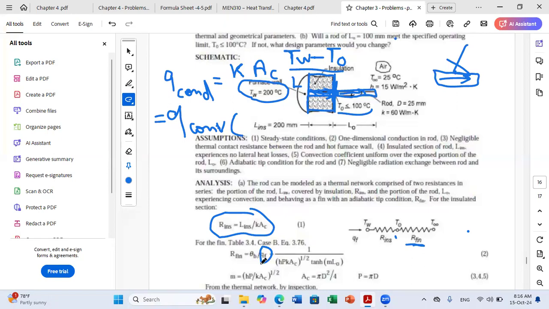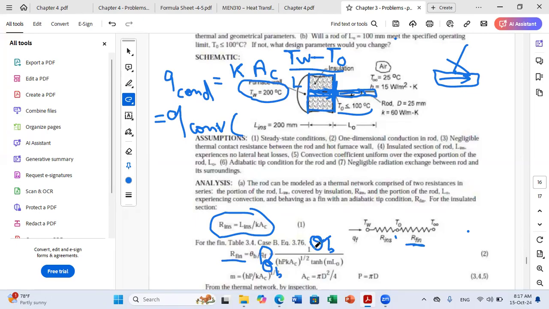If you go to your table, you can see that the expression of Q_f is theta base times M. What is M? If you remember, it's radical hP k A_C times tanh(M L_0). So if you use now the resistance of fin, what is the resistance of fin? It's theta_b over Q evacuated from the fin.